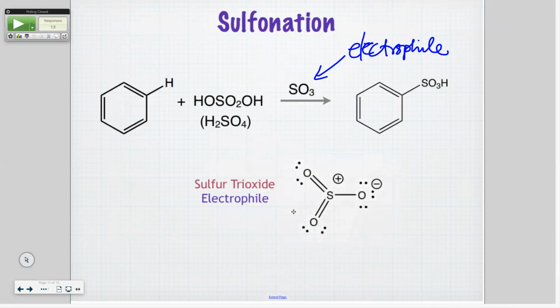Okay, here is the resonance form for SO3. Notice that it is still electrically neutral. You have a plus and a minus within the compound. Okay, so where is the electrophilic site in the sulfur trioxide? In other words, where are we going to go? Oops. Apparently not anywhere.